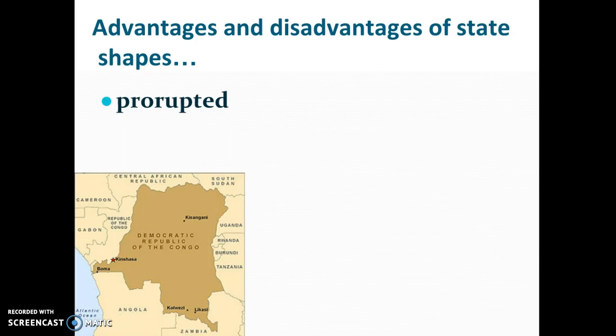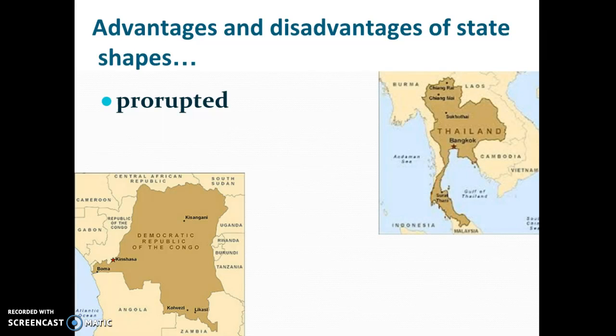I always think of a volcano eruption with a stream of lava flowing away from the volcano itself. In this case, a proruption is sort of a stream of land that flows away from the main land. The most important thing to know about a proruption is that typically they are reaching out in order to hit resources or grab resources. And again, you have some disadvantages.